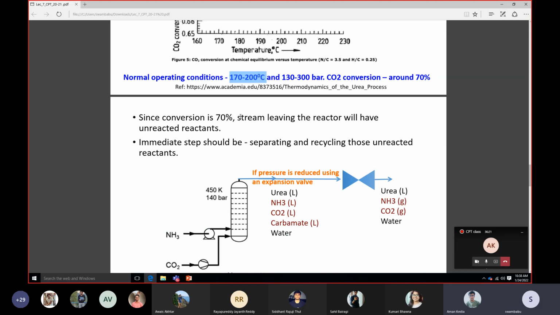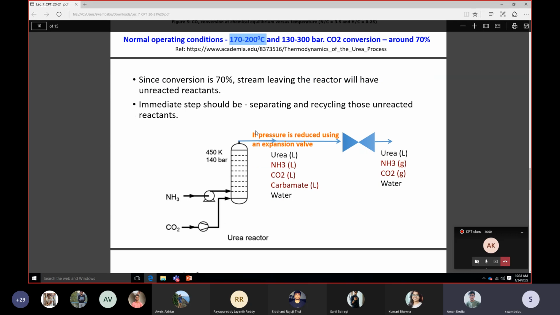Reactants are in liquid phase, non-catalytic reaction, and it needs to be operated at 170 to 200 degrees centigrade and high pressure. What reactor is best in this case? Students, what reactor do you suggest?